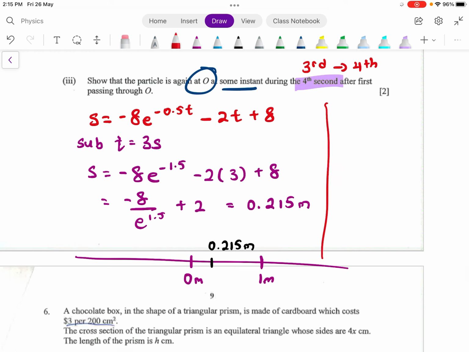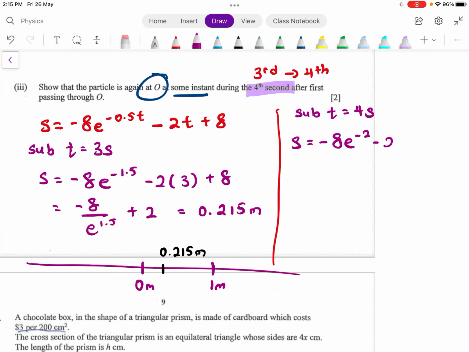Let's sub in t equal to 4 seconds. So S is equal to negative 8e^(-2) minus 2 bracket 4 plus 8. You can see this part is 0 already, so it's equal to negative 8 over e squared.